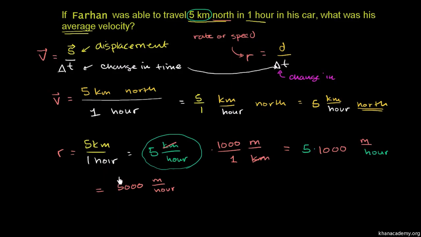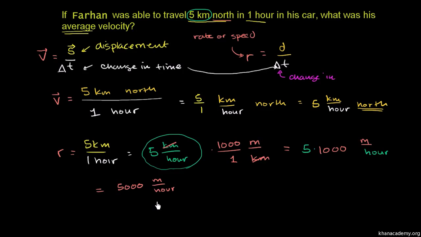And you probably could, but this canceling out, or what's often called dimensional analysis, can get useful once you start doing really, really complicated things with less intuitive units than something like this. But you should always do an intuitive gut check right here. You know that if you do 5 kilometers in an hour, that's a ton of meters, right? So you should get a larger number if you're talking about meters per hour.